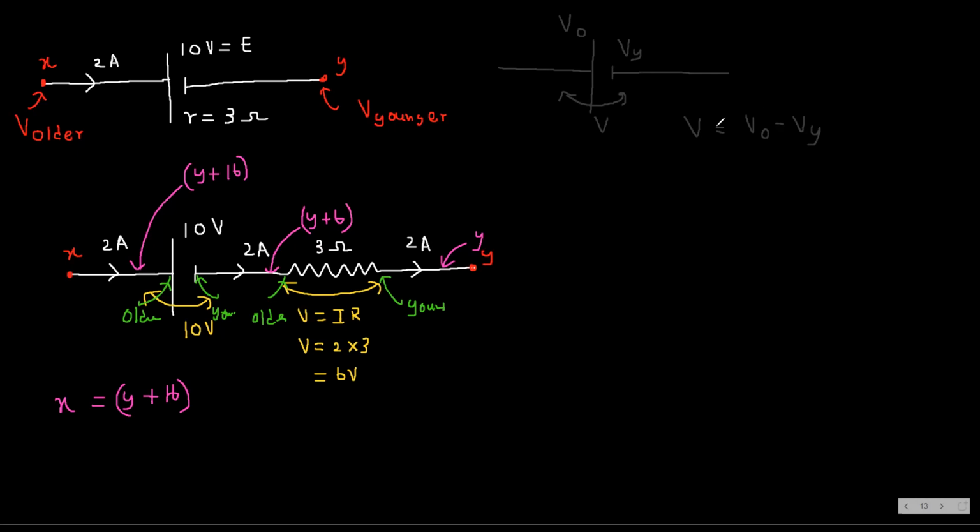So the voltage difference is V older minus V younger. V older is considered as X and V younger is considered as Y. Am I correct? Yes.